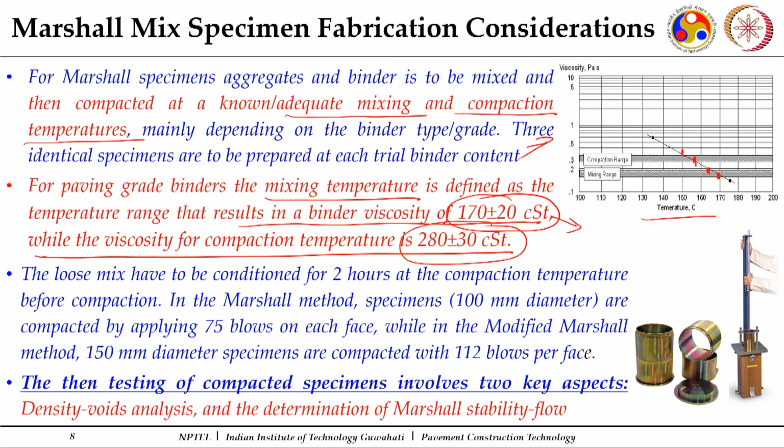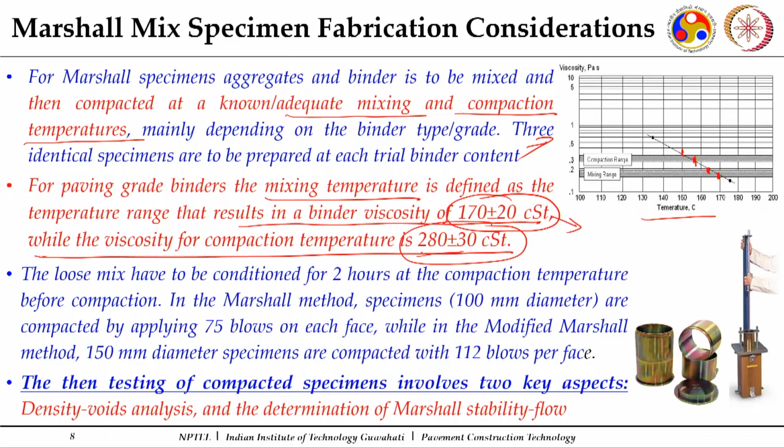In that range you will heat your binders, and aggregates are usually heated to 10 to 15 degrees centigrade higher than your binder, because binder is more susceptible and gets highly oxidized at higher temperatures. So we mix at mixing temperatures, and finally compact at temperatures corresponding to a viscosity of 280 plus minus 20 centistokes.